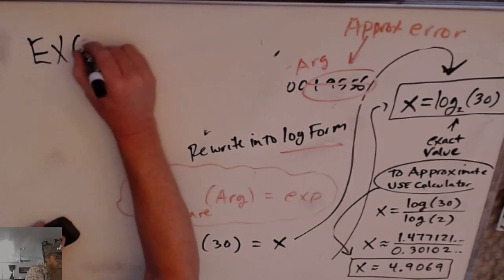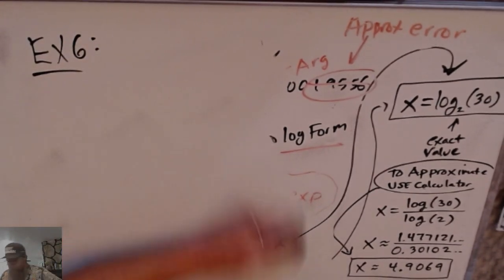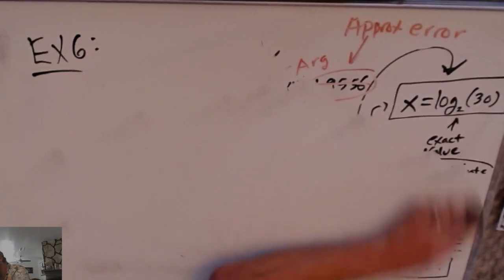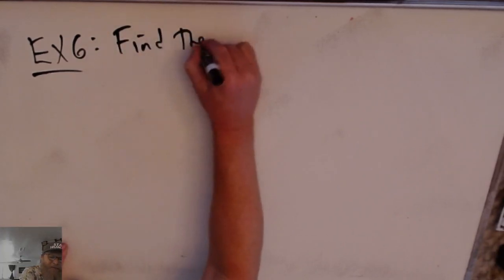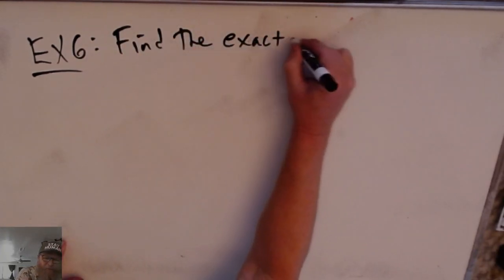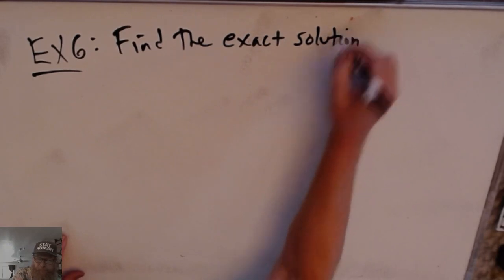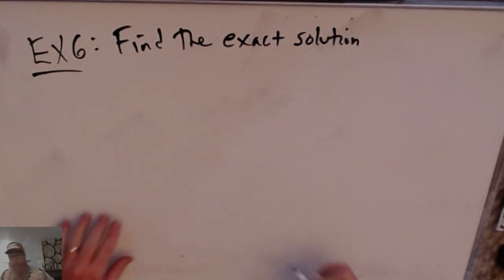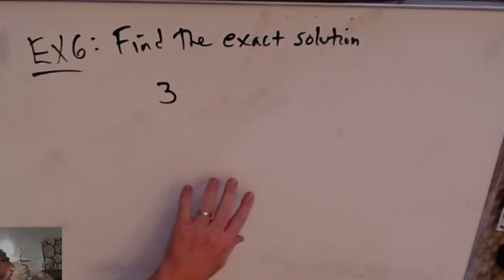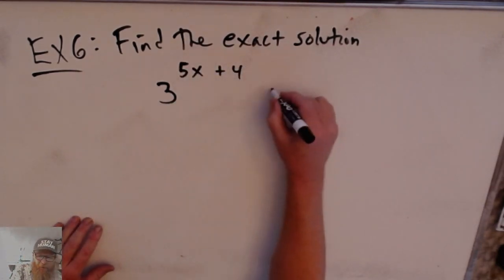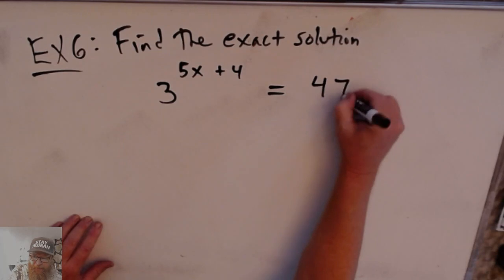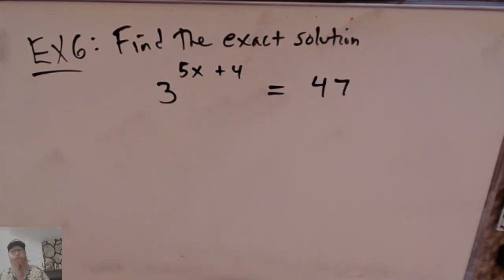Example 6. Let me start being a little bit more precise with my instructions now. Find the exact solution. Three to the 5x plus 4 is equal to 47.